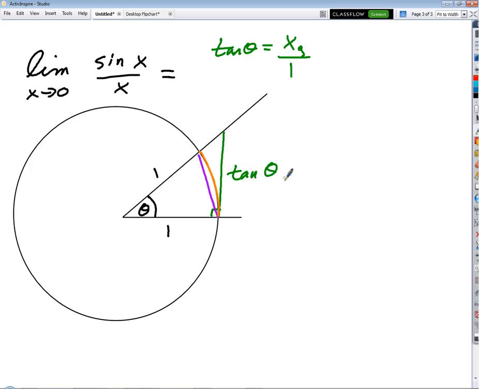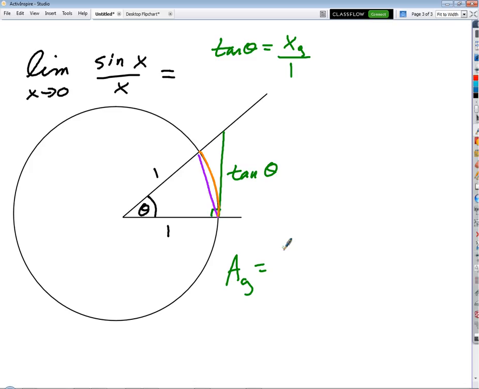So let's write the green area down then. The area of the green triangle is equal to just 1/2 the base times the height, correct? Height is tangent theta, so 1/2 times 1 times tangent theta is just tangent theta over 2.